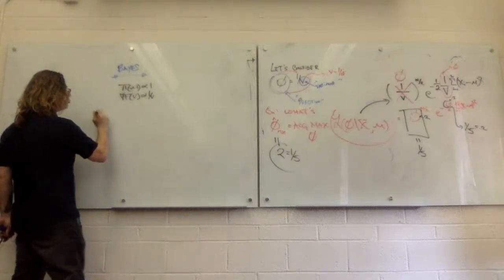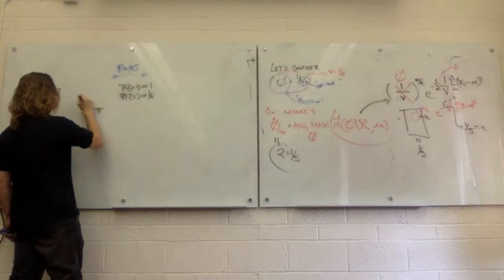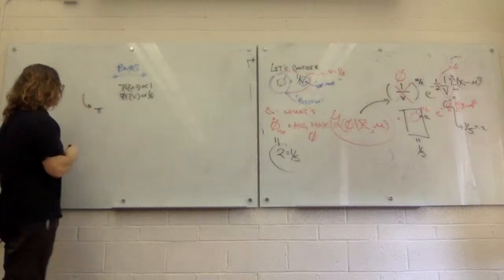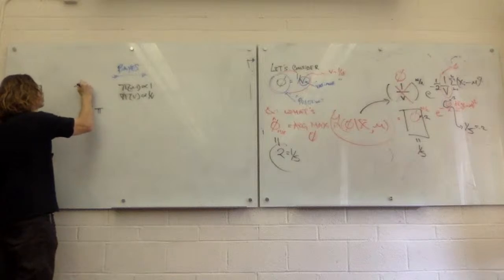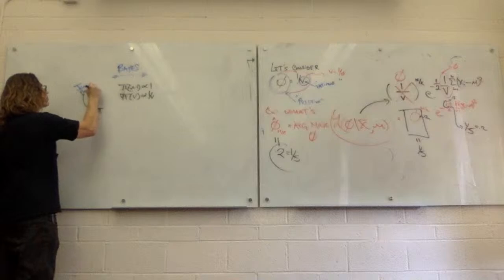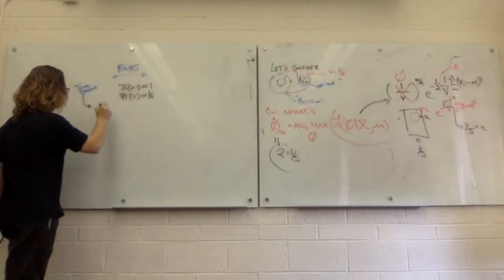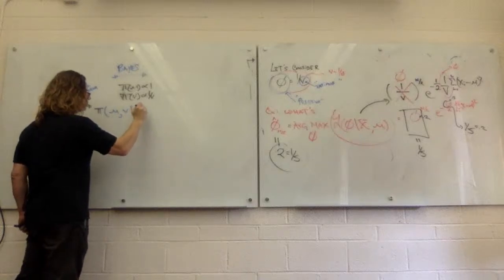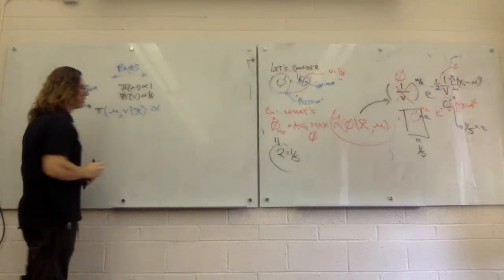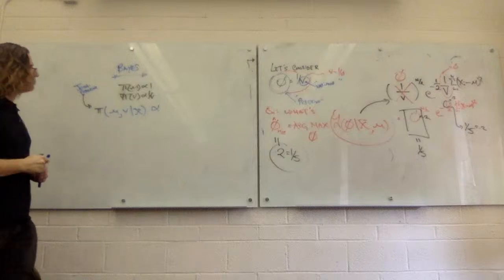So our joint posterior on these two parameters just looks like this. Likelihood times prior.